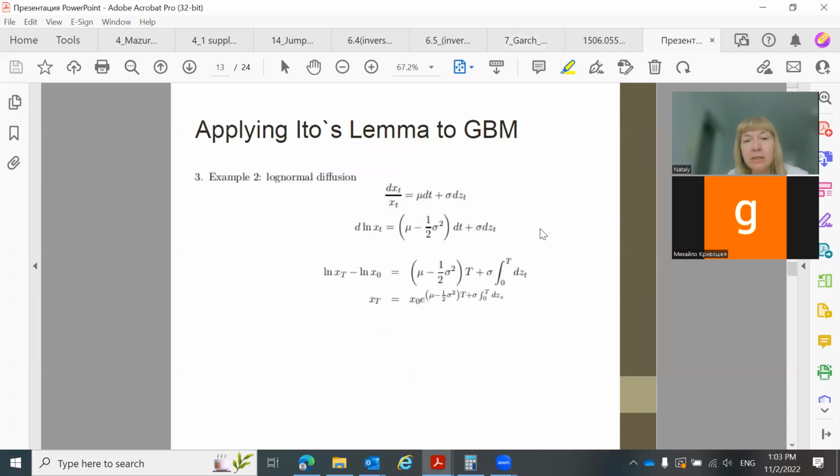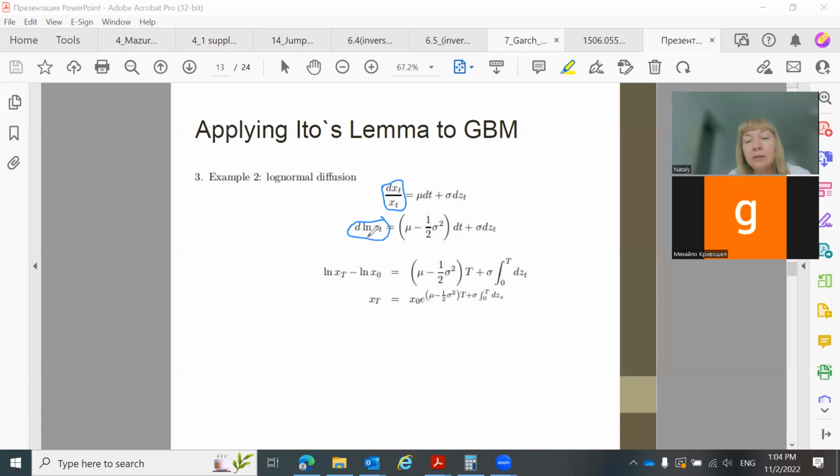And the next. Now we would like to find the solution of this differential equation. It is geometric Brownian motion, you see. First, we would like to write dx divided by x as d of ln x_t.